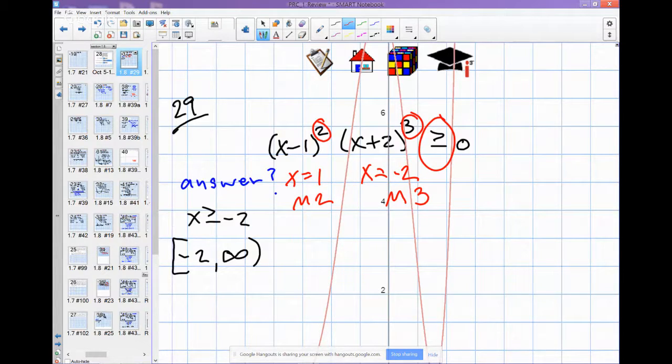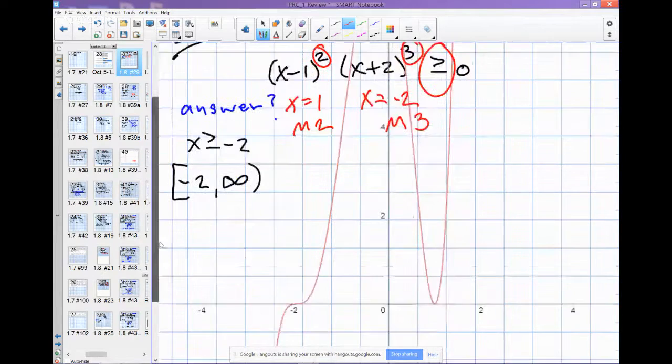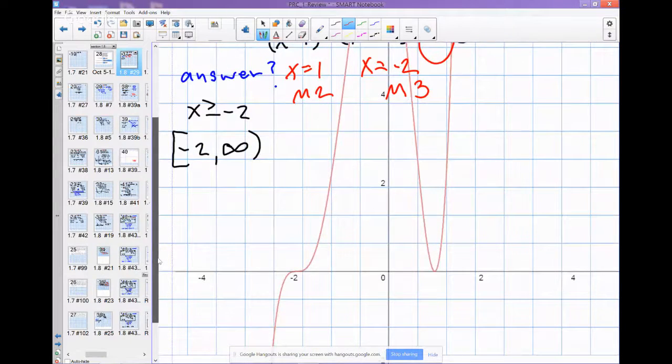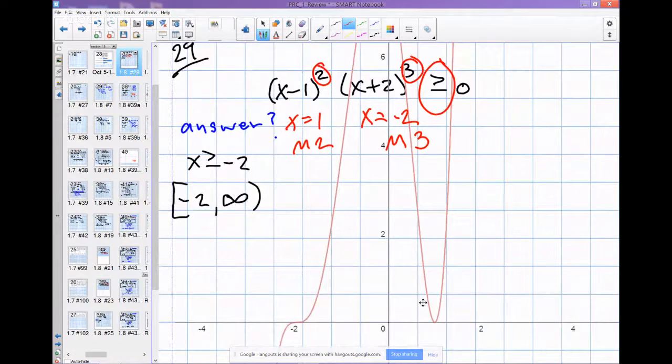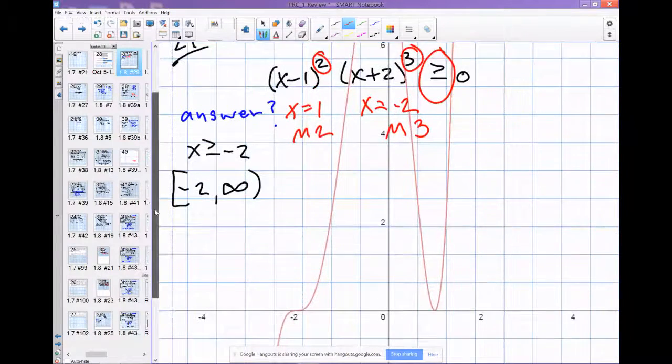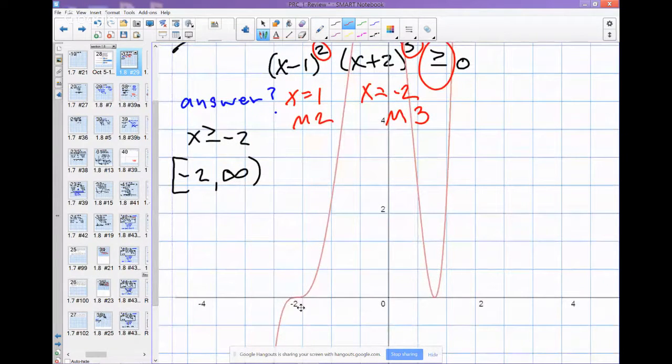When you have an odd multiplicity, then you have a bouncer. And when you have an even, you have a crosser. So if you look here, I have the graph up. Sorry, just the other way around. When you have an even multiplicity, you have a bouncer. And when you have an odd one, like -2, you have a crosser. So you see how the graph crosses at -2.